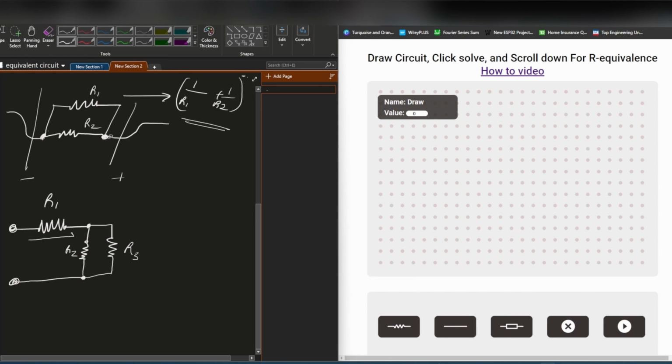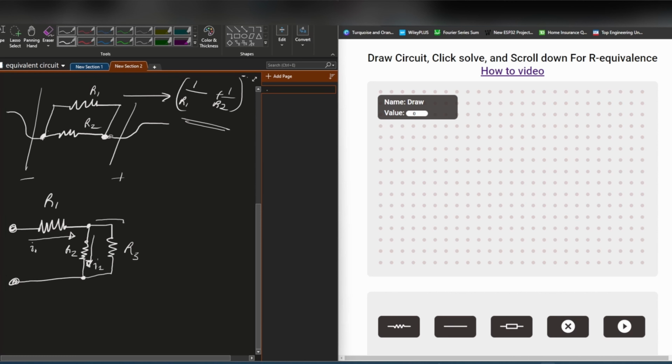In this case, we go through this resistor. Let's say we have a current I1, and we go here, and as you can see, it won't be the same current I1, it will be I2.